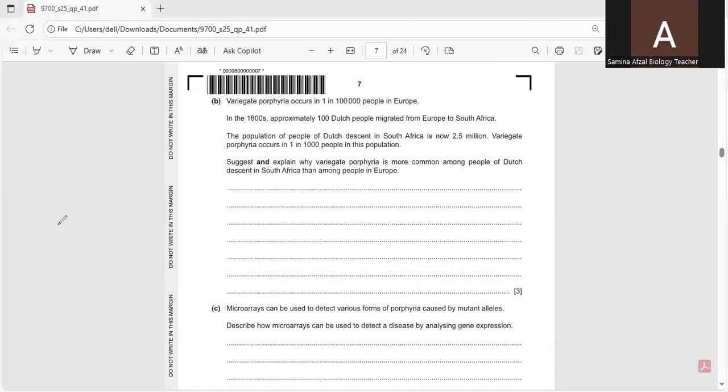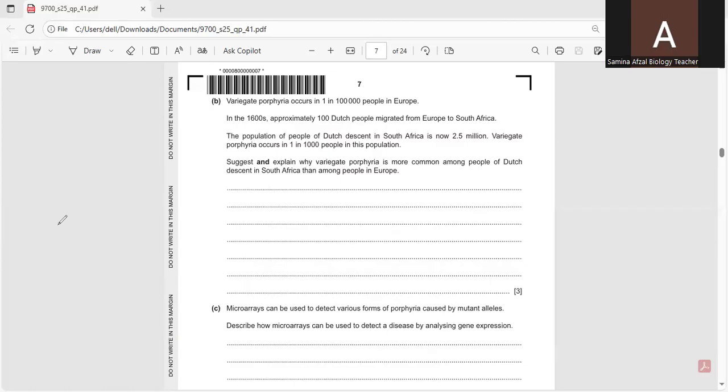The population of people of Dutch descent in South Africa is now 2.5 million. So from 100 Dutch people, it has enlarged to 2.5 million. Variegate porphyria occurs in 1 in 1,000 people in this population. Suggest and explain why variegate porphyria is more common among people of Dutch descent in South Africa than among people in Europe.